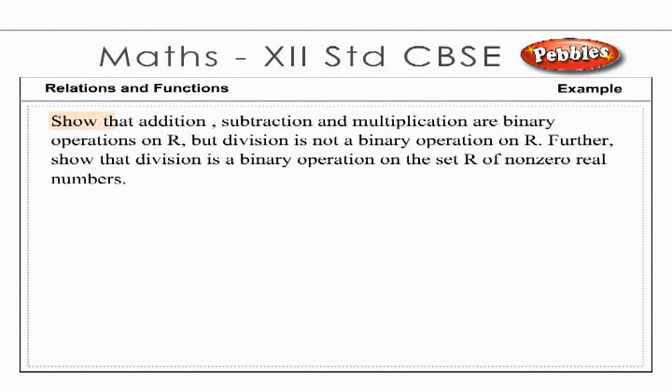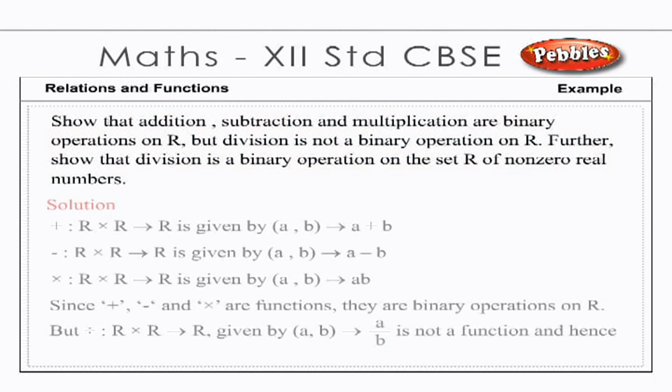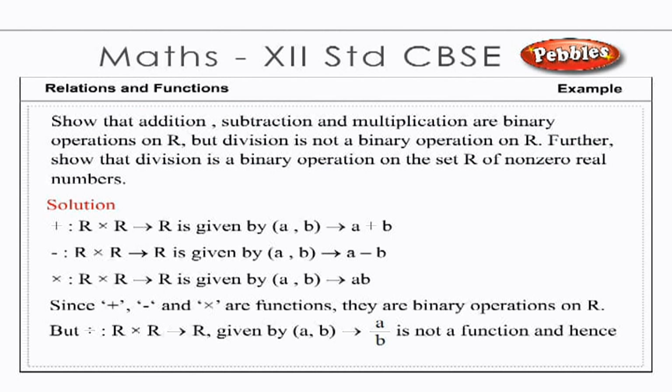Example. Show that addition, subtraction and multiplication are binary operations on R, but division is not a binary operation on R. Further, show that division is a binary operation on the set R* of non-zero real numbers. Solution. Addition is R cross R to R given by (a, b) to a plus b.